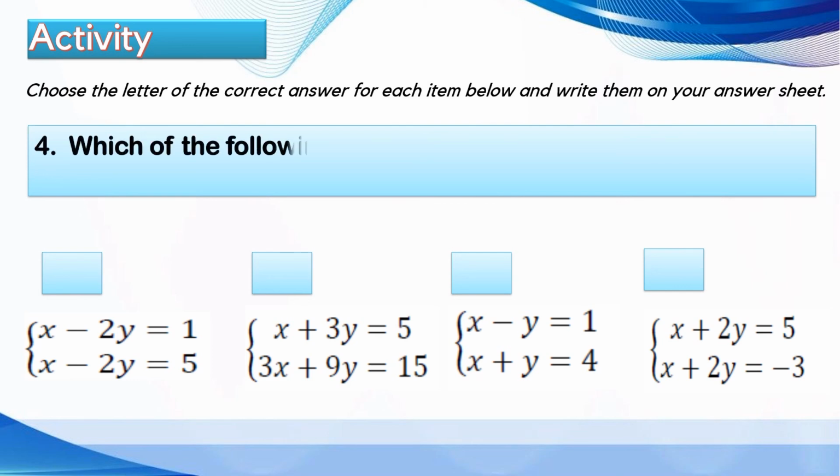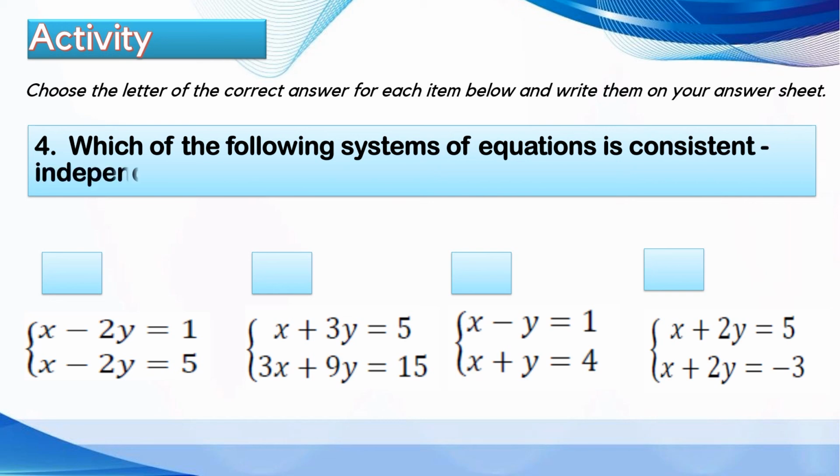Question number 4. Which of the following systems of equations is consistent independent? A, the system of equations x minus 2y equals 1 and x minus 2y equals 5. B, the system of equations x plus 3y equals 5 and 3x plus 9y equals 15. Letter C, the system of equations x minus y equals 1 and x plus y equals 4.